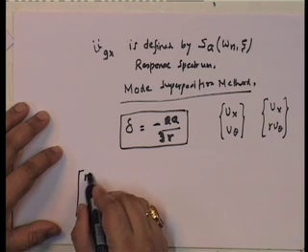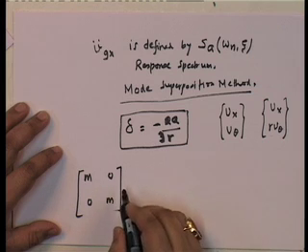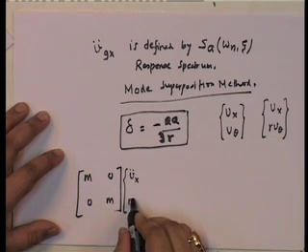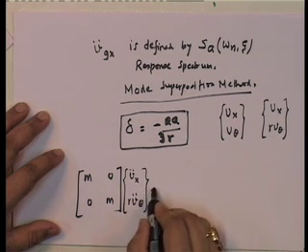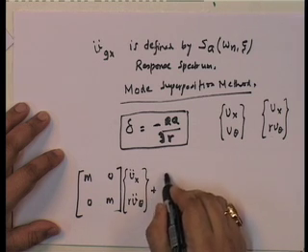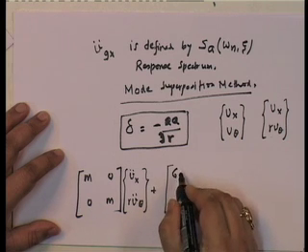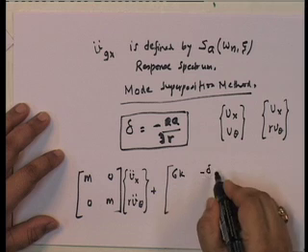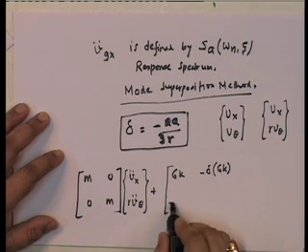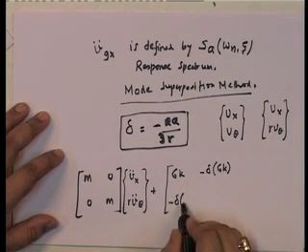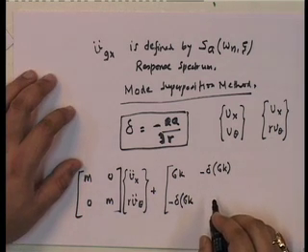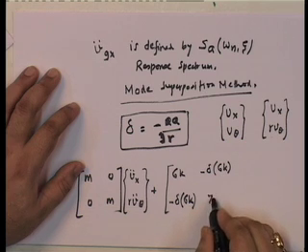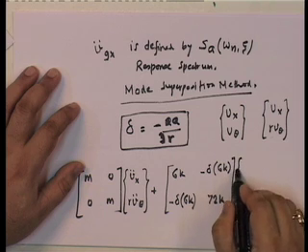This will become m 0 0 m, times Vx and r V theta, plus 6k, minus delta into 6k, minus delta into 6k, and over here I will call this 72k, because my r squared comes in here.